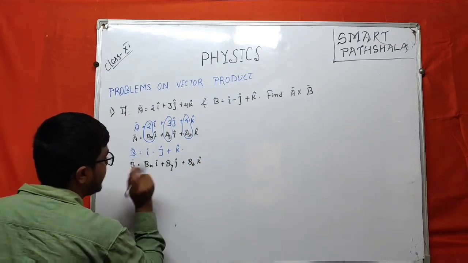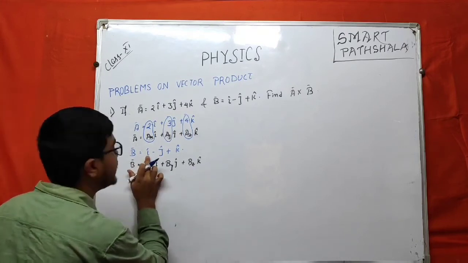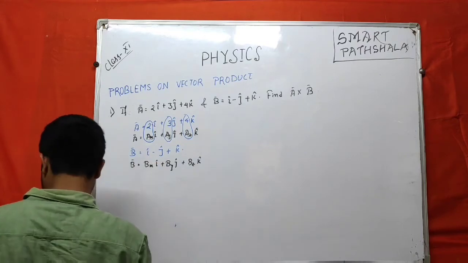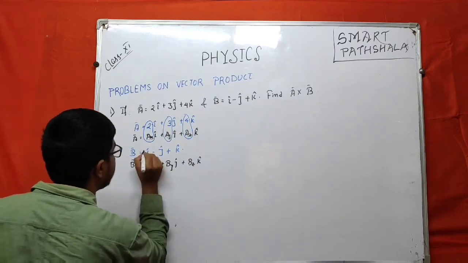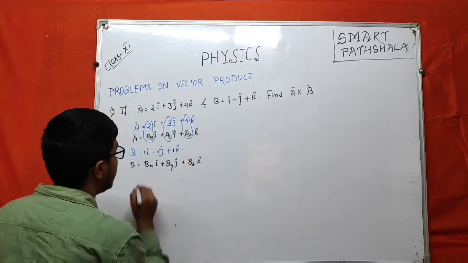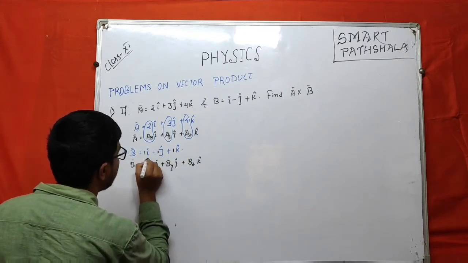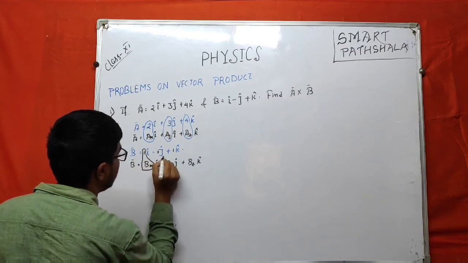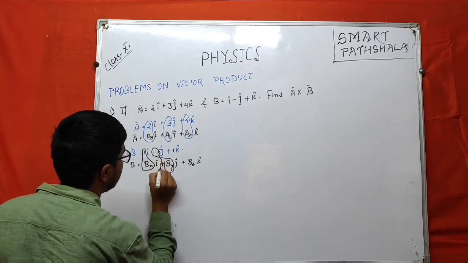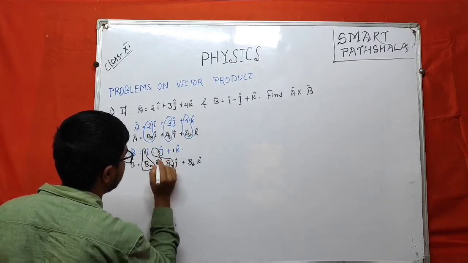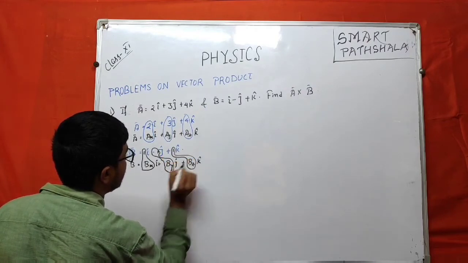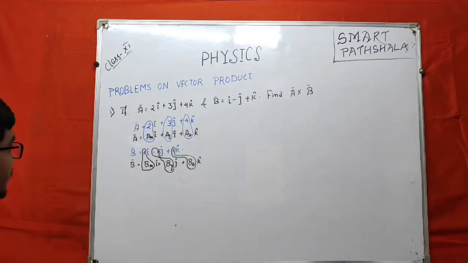When it is given as a single unit vector, like i cap minus j cap plus k cap, then you need to put just a 1 there. Now BX is equal to 1, BY is equal to minus 1, and BZ is equal to 1.